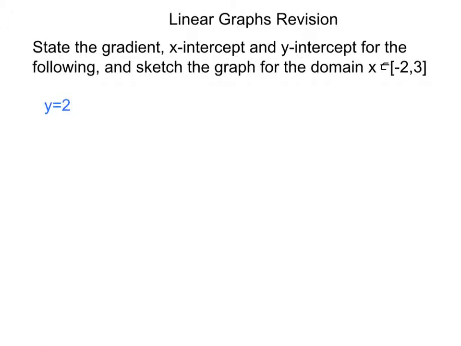Now for this graph, I'm just going to draw the graph again to start with, keeping in mind our domain. Y-axis, x-axis. The graph is just going to be a graph going through negative 2 on the y-axis.